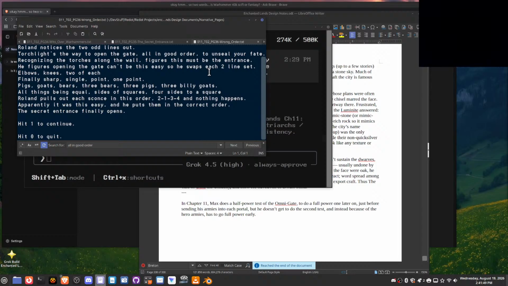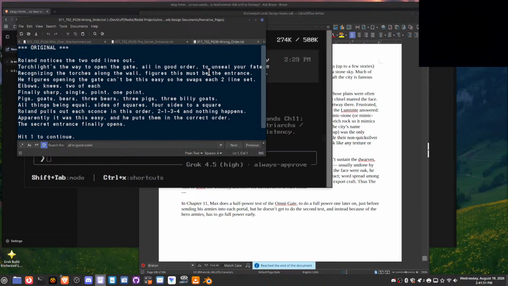The wrong order. Because of the way I put the other page, I have to do this with the odd lines out, and so forth.